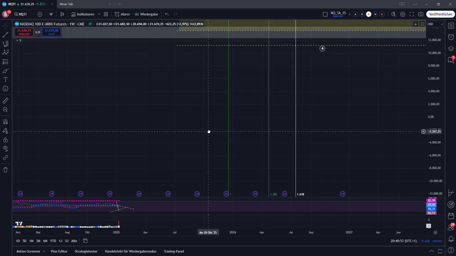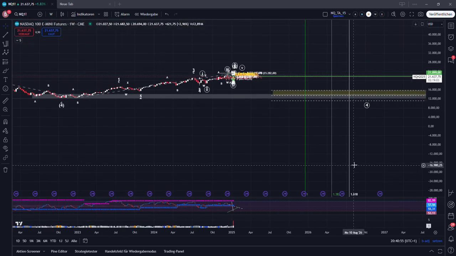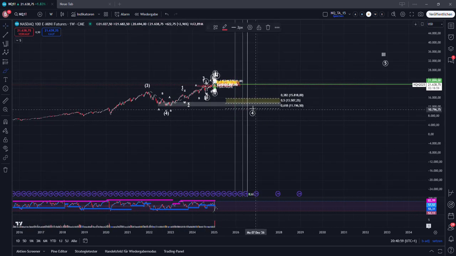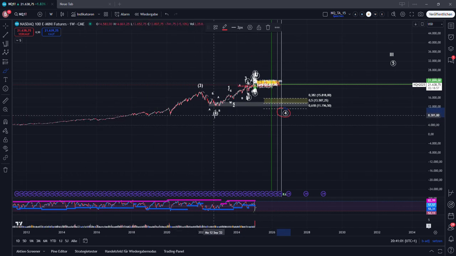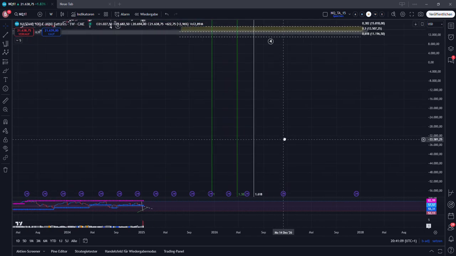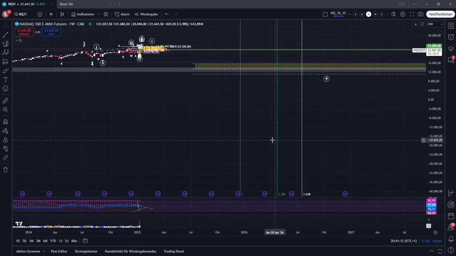So the earliest indication, if we consider this degree of a fourth wave, which would be a primary wave 4, compared to the intermediate wave 4 here, we also want minimally the 100% extension, which is that point here.